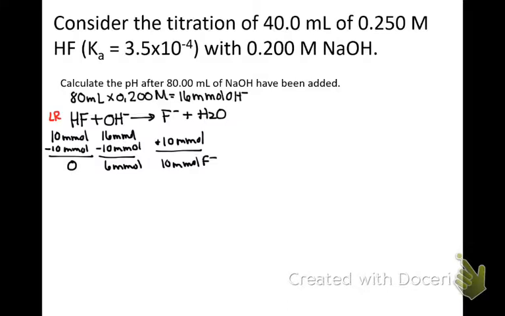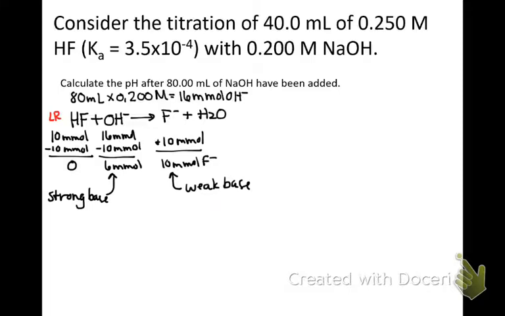Okay, so now we have to figure out how to find the pH of this solution. We've got two things here that could affect the pH. We have OH minus, which is equivalent to having a strong base, and we also have F minus, which we know is a weak base.